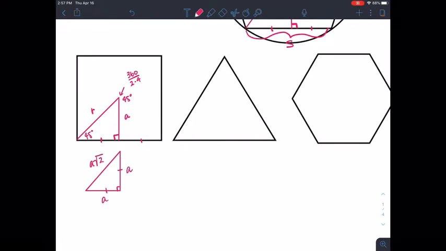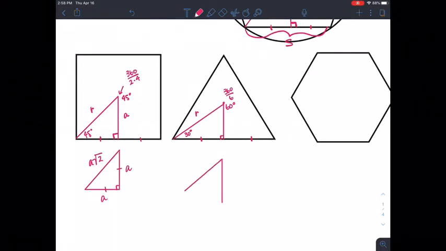If we move on to an equilateral triangle, I'm going to start in the middle and drop my apothem straight down so it splits my side in half. I'm going to draw in my radius. And if I do 360 divided by 2 times 3, which is 6, then up here at the top I end up with a 60-degree angle, which means that I have a 30-degree angle down here at the bottom.